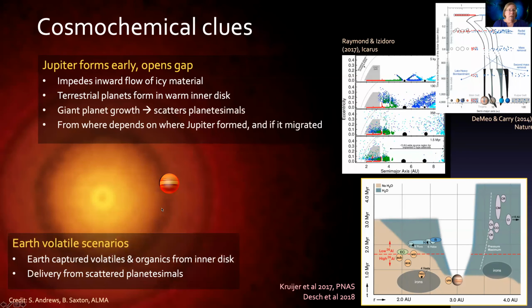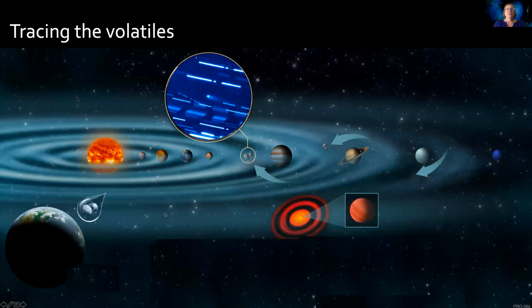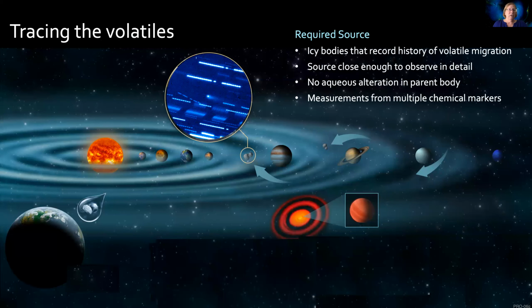So either Earth captured volatiles from just the gases in the inner disk, or it was delivered from scattered planetesimals that may still exist in the outer asteroid belt. So the idea is this would be the key place to look for signatures of what happened in our solar system. We need some ices in the asteroid belt that record this history of volatile migration.